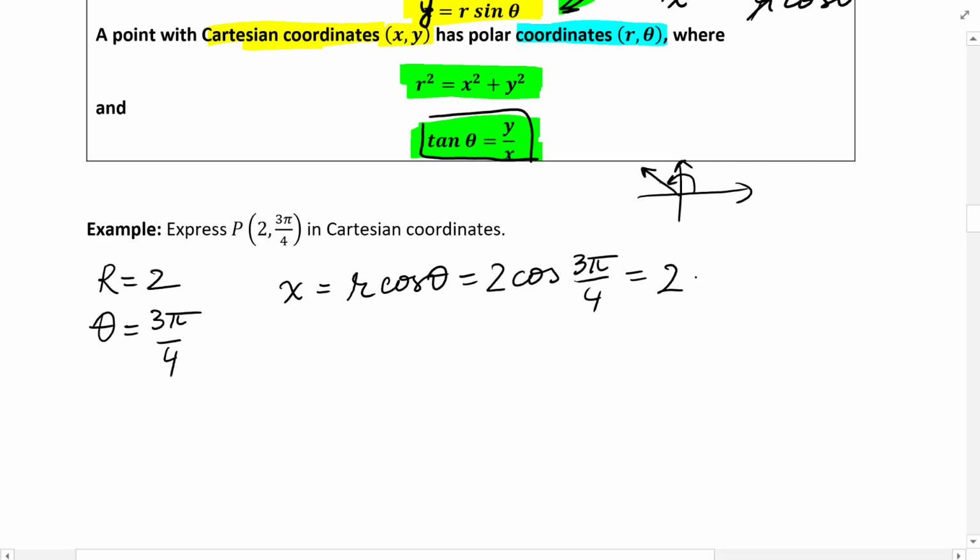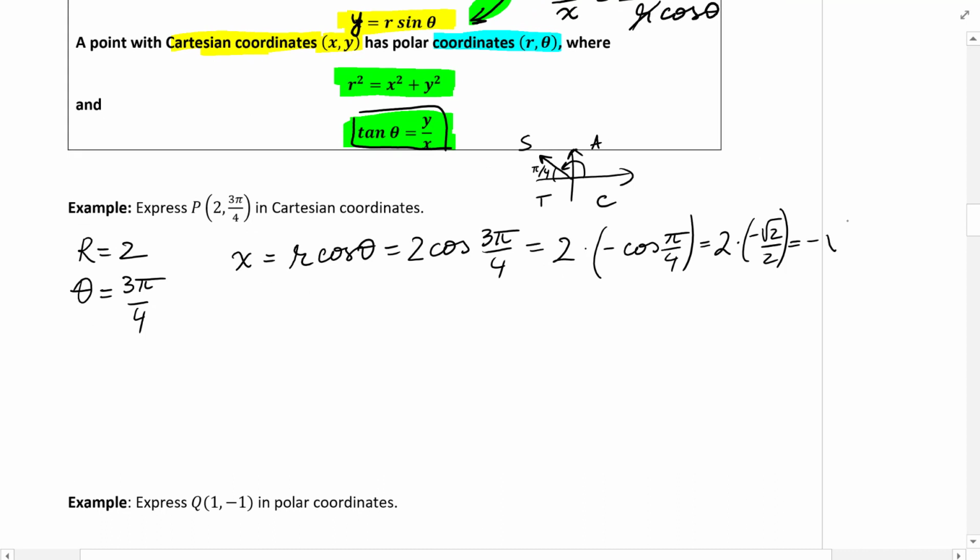So this would be pi over 4, the reference angle. All students take calculus, which means cosine in quadrant 2 is negative, so this is equal to negative cosine of pi over 4, which means 2 times negative square root of 2 over 2, which equals negative square root of 2.